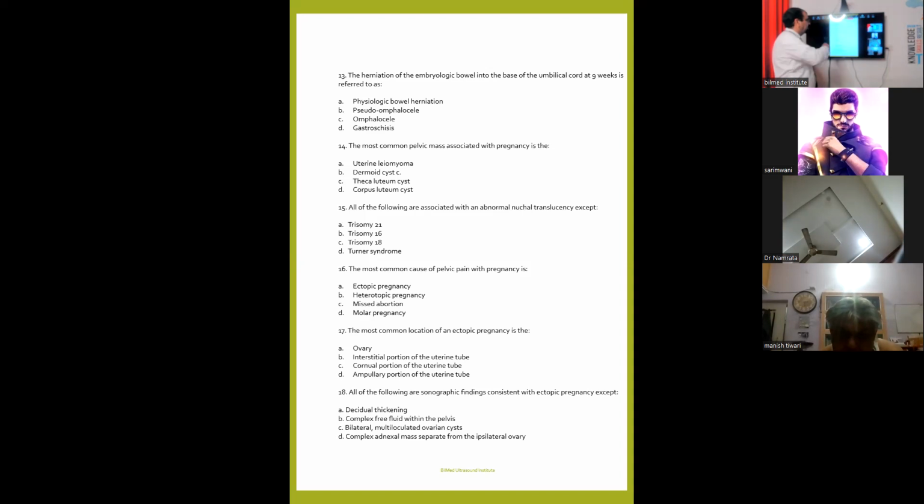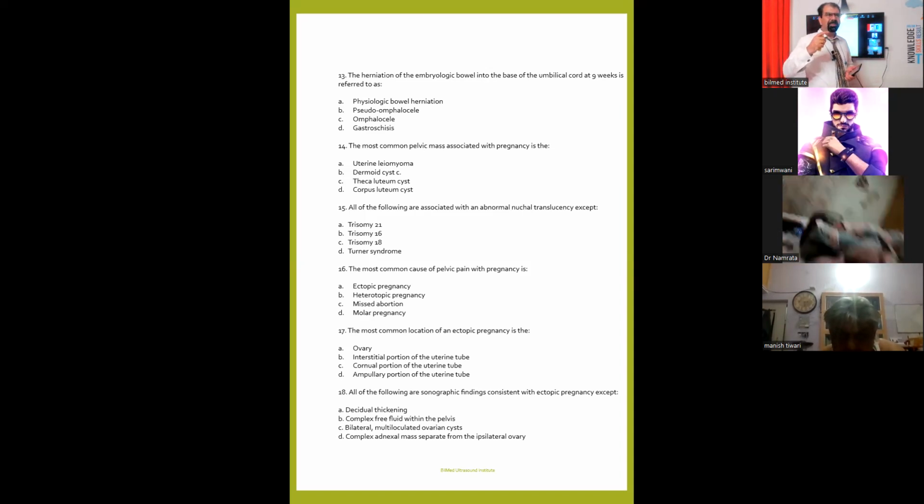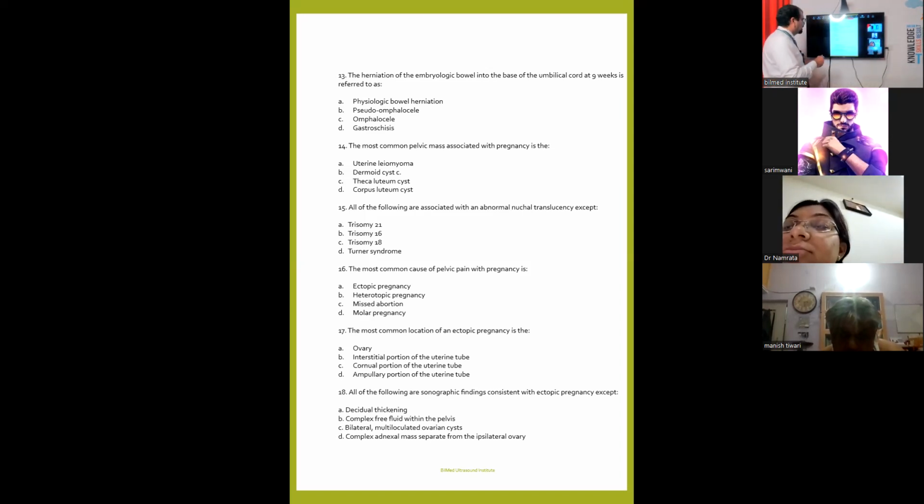Physiological midgut herniation is seen from 8 to 11 weeks. It is visible on the ultrasound screen, but it should not be beyond 13 weeks. If it is persisting beyond 13 weeks, then it is abnormal. Otherwise, that is a normal finding.